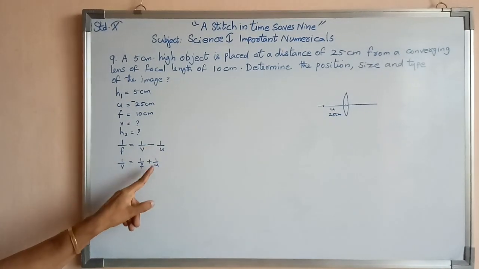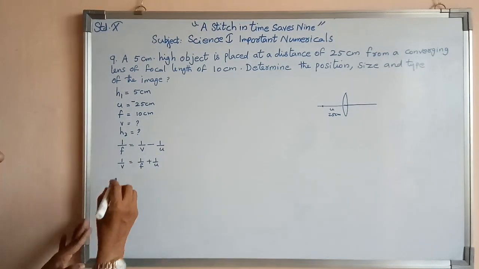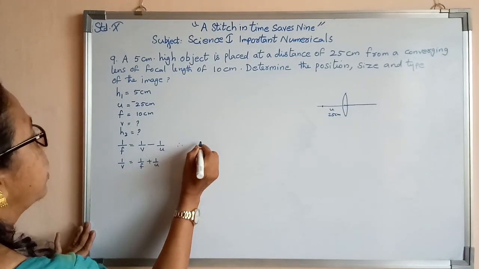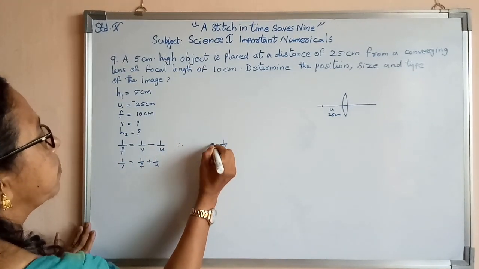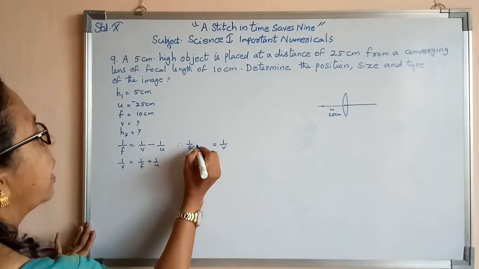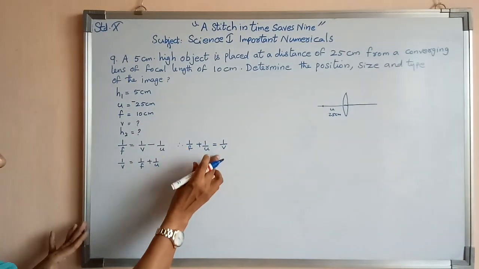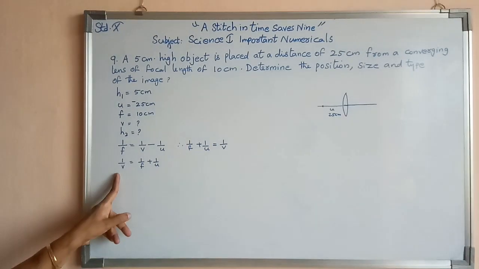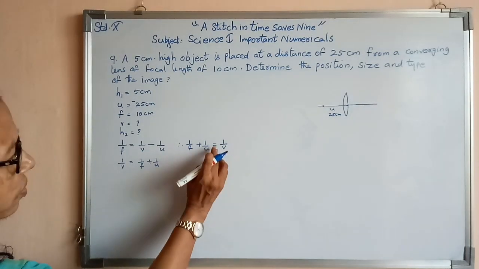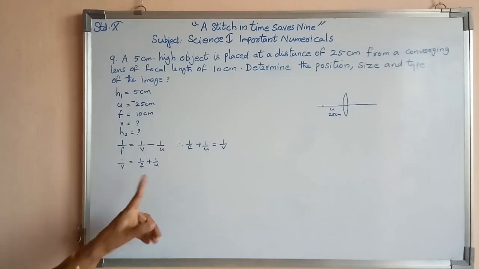The minus value comes to this side. Actually, we can also write it this way: 1 upon v I keep here, equal to 1 upon f, and this value I take to the other side of the equal sign, so it is 1 upon u. That is 1 upon v is equal to 1 upon f plus 1 upon u. Here I wrote 1 upon v on this side, and here on that side, but the answer will be the same.